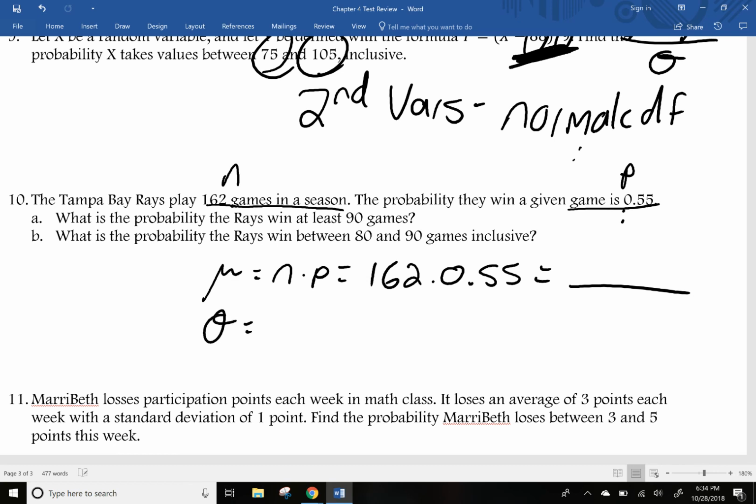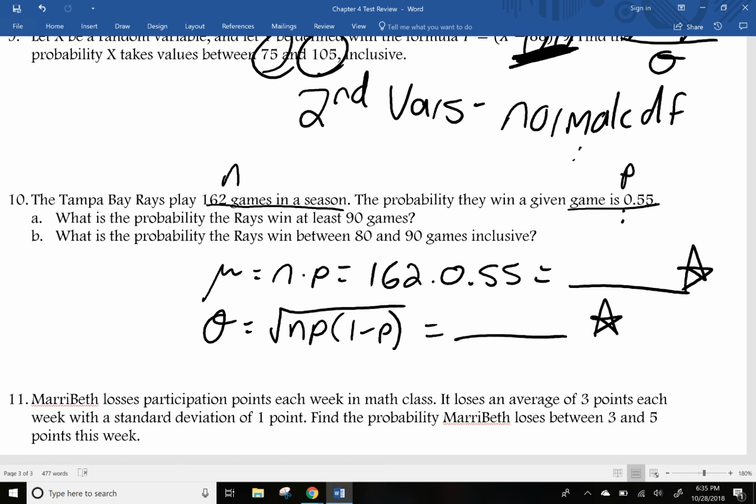Your standard deviation is the square root of n times p times (1 minus p). So you calculate those numbers, and you'll have your mean and standard deviation, which you'll plug into the calculator back into this function. And then you use your lower and upper bound.